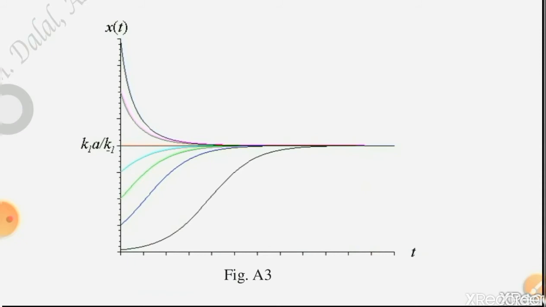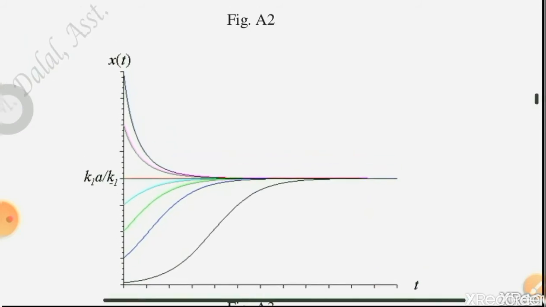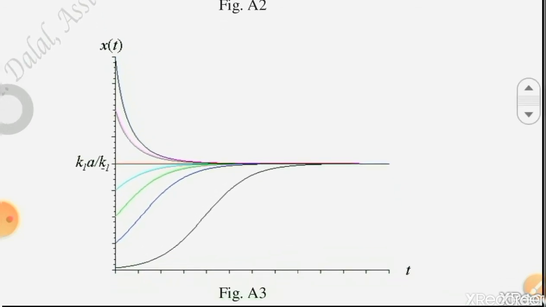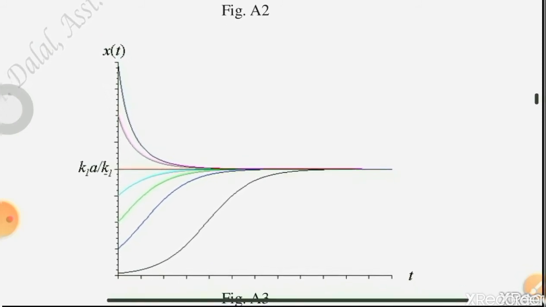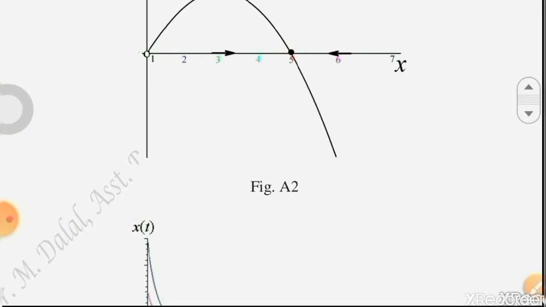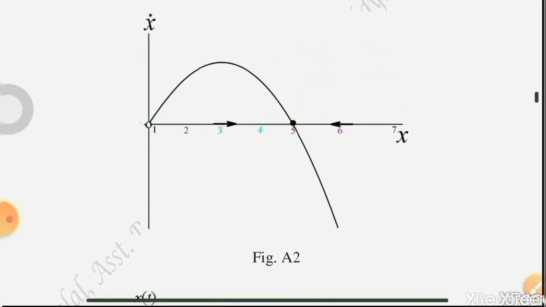Here the variation of concentration, that is x as a function of t, is plotted for different initial conditions. Each graph represents a trajectory for that particular initial condition, and the colors of the trajectories correspond to the points marked by the same colors in this graph.